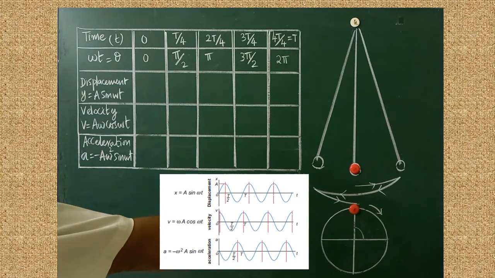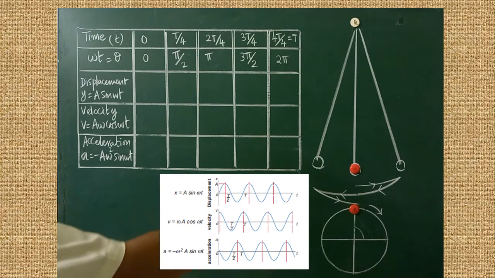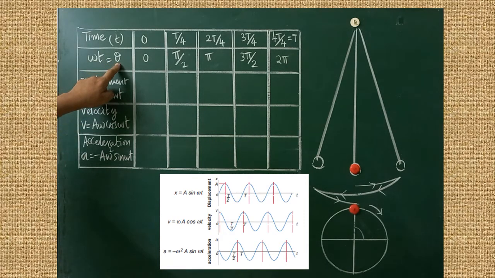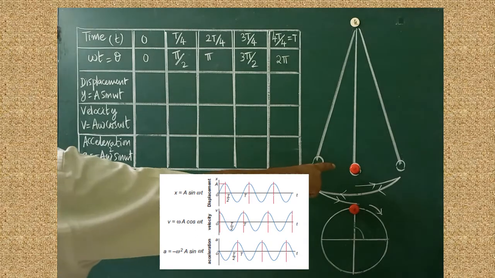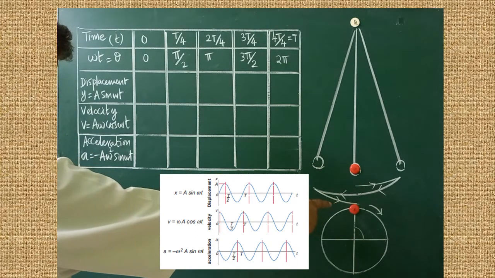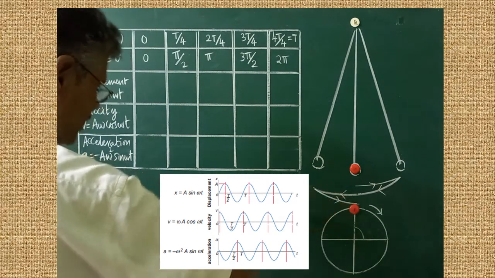Here the angular displacement of the circularly moving body can be measured with the help of the circle. Its projection gives you the SHM, that is simple harmonic motion. Here the angular displacement omega t is also given. Are you clear? First you assume that the pendulum is at rest, and the circularly moving body is also at rest. This is the initial position.